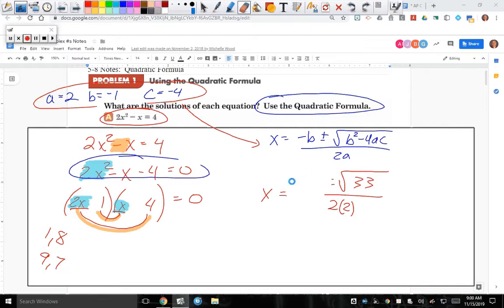So this negative times a negative will actually become a positive. So we'll go ahead and write right now, to save a little bit of time, positive 1. And the bottom is what? 4. So these weird answers with the square roots, they're decimal answers, okay? If I asked you to break up 33 to see if we could simplify this, what could I break 33 into? 11 and 3.